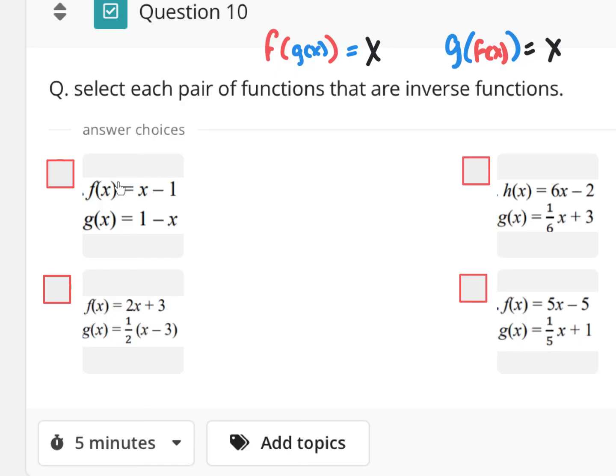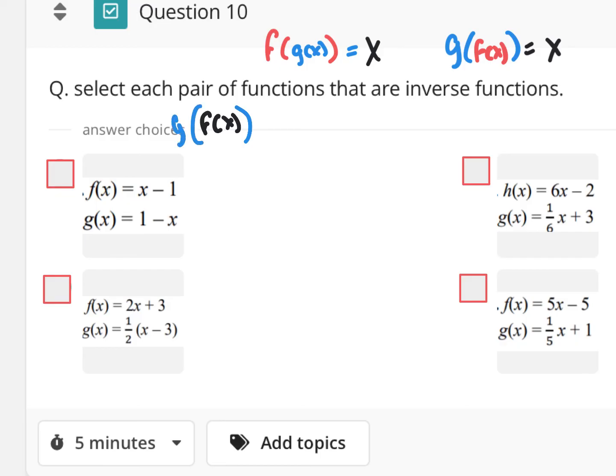So when we look at these two, let's begin by plugging in the f of x into the g of x. Okay, so if we do plug in and I want to write down that notation, f of x into the bigger g of x.